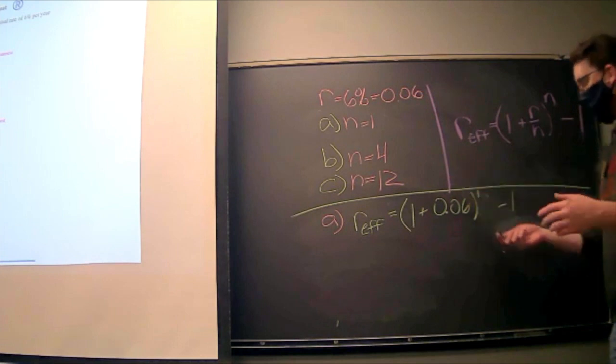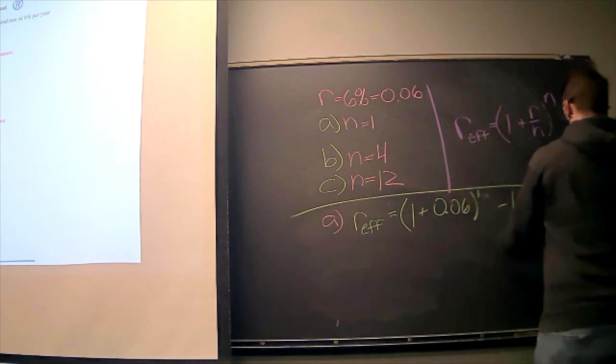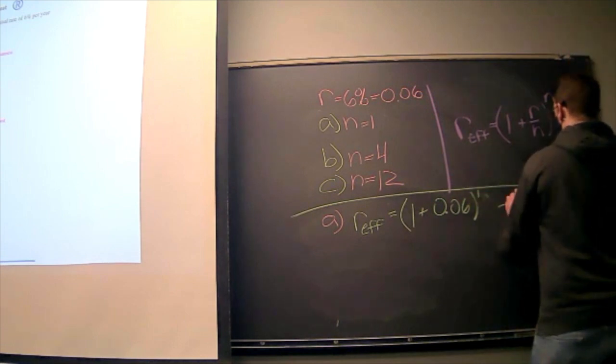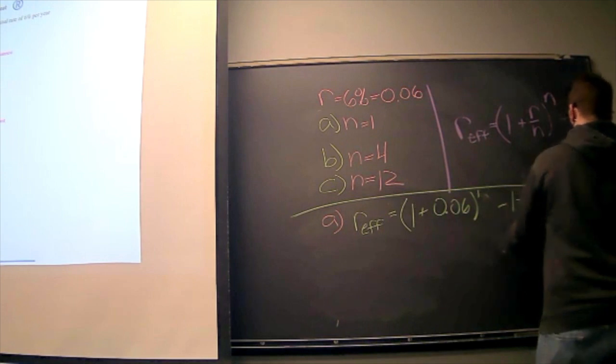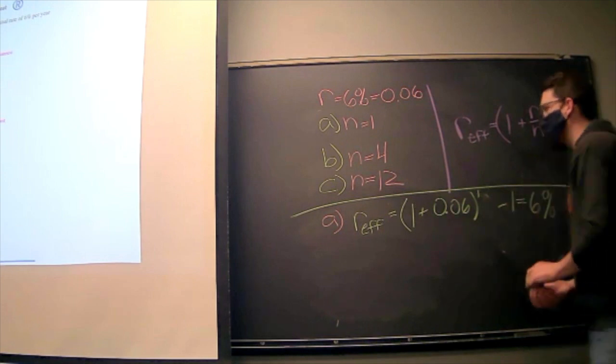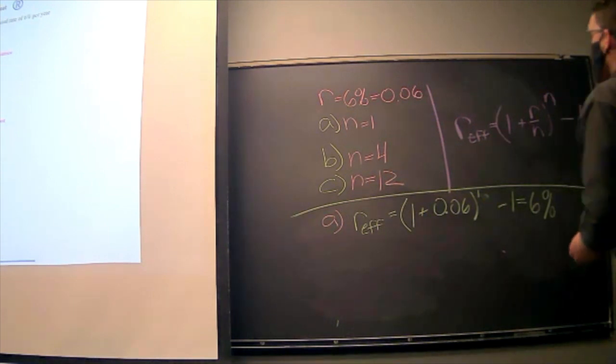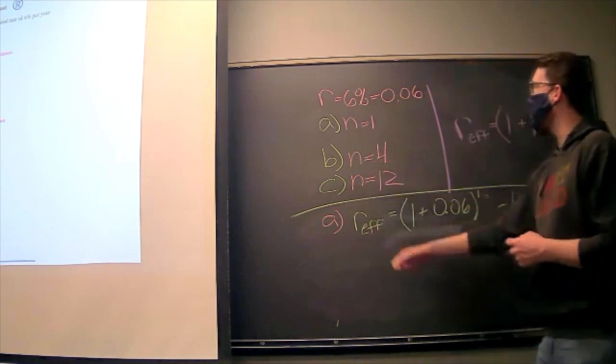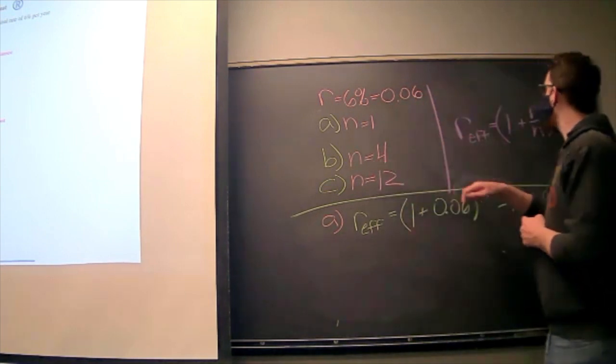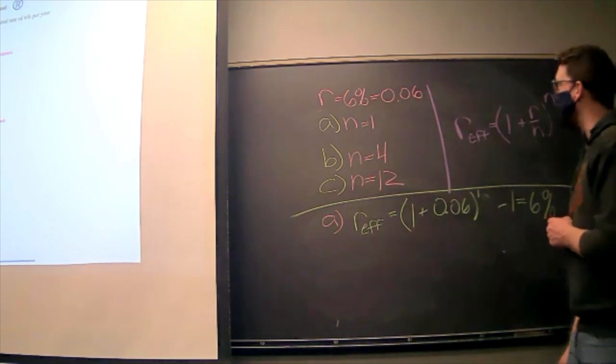It's just going to be 6%. In the second case, we're going to plug 4 in for N. Our R is going to stay the same. It's going to stay as 0.06.